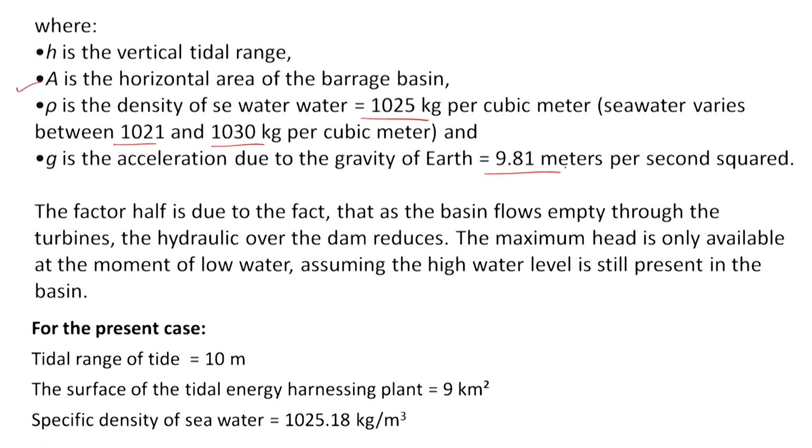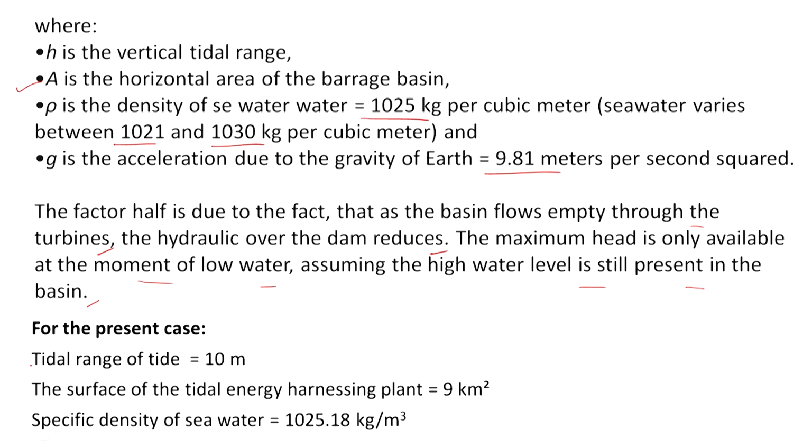Then, as I just discussed, the factor half is due to the fact that as the basin empties through the turbines, the hydraulic head over the dam reduces. The maximum head is only available at the moment of low water, assuming the high water level is still present in the basin. That is why the half is considered.